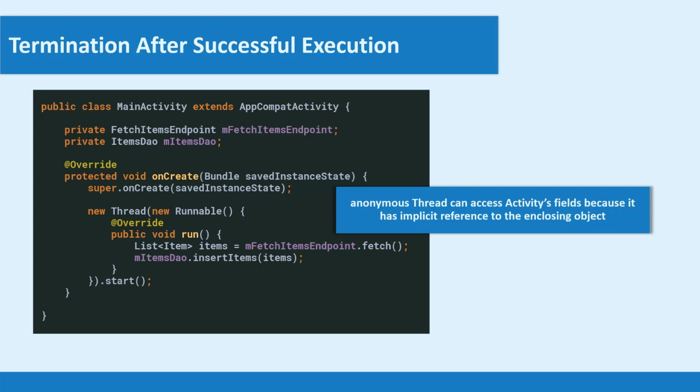But that's not always the case. Sometimes you might have some process inside your thread that can take a lot of time, or maybe it will never complete. In these cases, the thread will hold on to this activity indefinitely and it might cause a memory leak. All in all, it's alright to let your threads run to successful completion. However, just make sure that it won't cause any troubles.